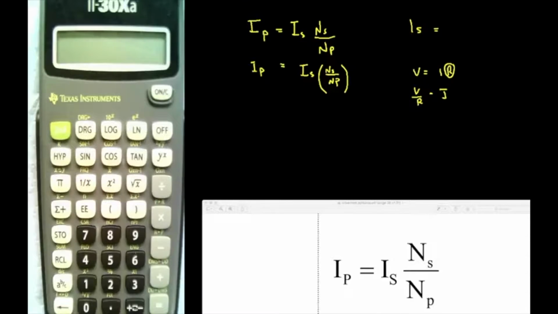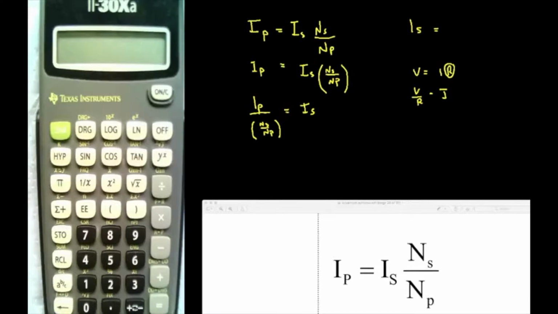I can divide both sides by the turns ratio, making it disappear from this side and appear here. So then I end up with IP divided by NS over NP, which you can work out on the calculator, is equal to IS.